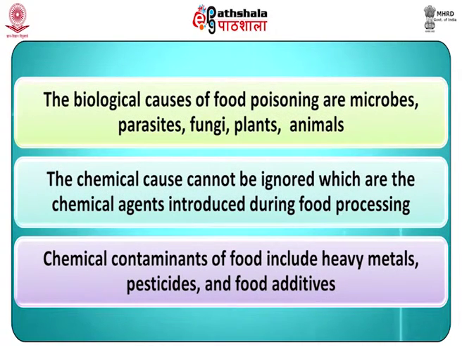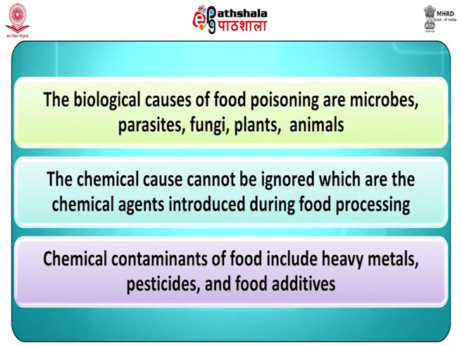While the biological causes of food poisonings are microbes, parasites, fungi, plants, animals, the chemical cause cannot be ignored, which are the chemical agents introduced during food processing.